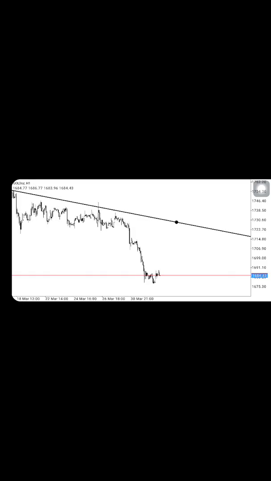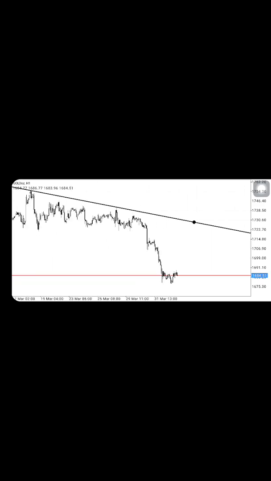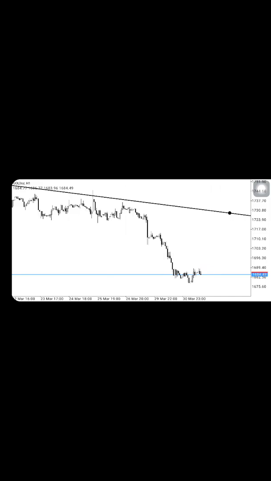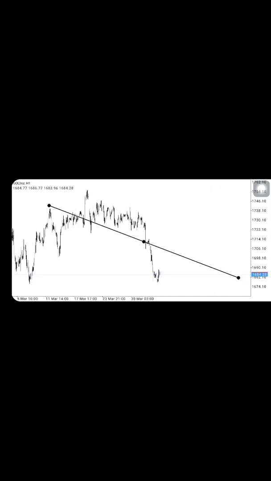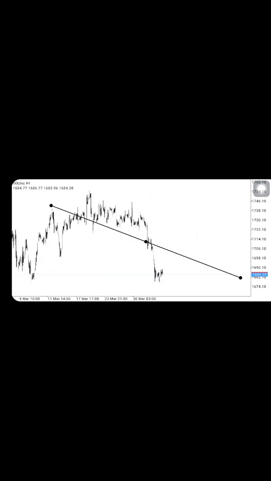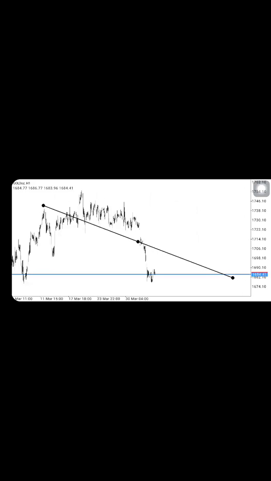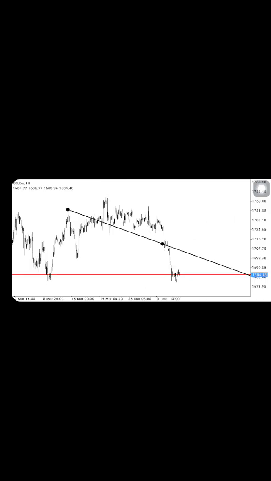On the H1, we are expecting gold to complete this head and shoulders, which is trying to form. If that's the case, we're only going to enter after the break of structure. Let me just shrink this, as I'll use it as my guide.